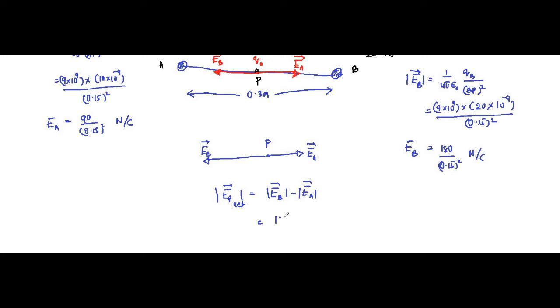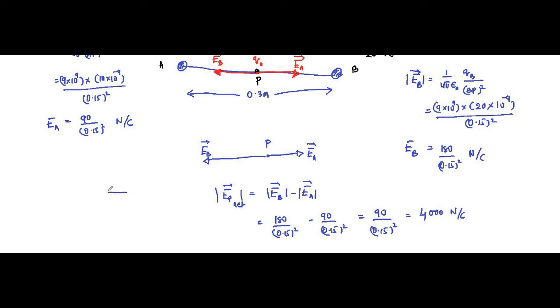So it is 180 by 0.15 whole square minus 90 by 0.15 whole square, which is equal to 90 by 0.15 whole square, which is coming around, let us calculate, 4000 Newton per coulomb, and its direction will be in the direction of EB.